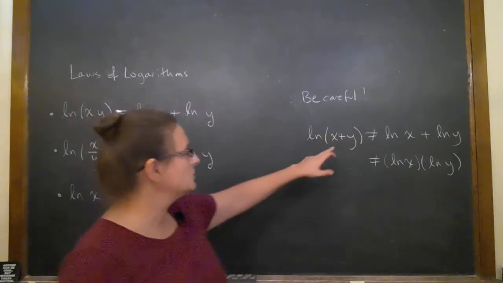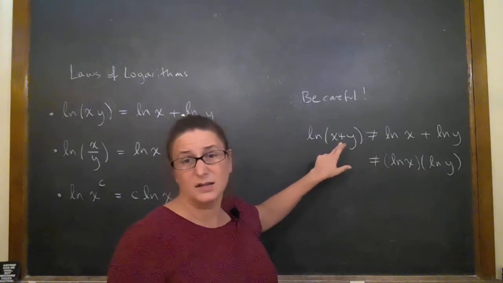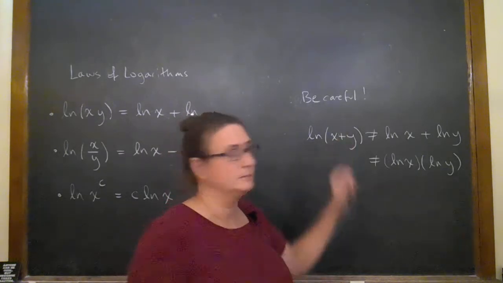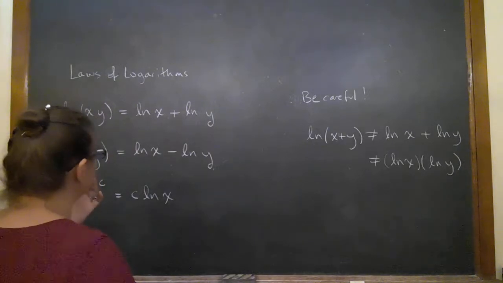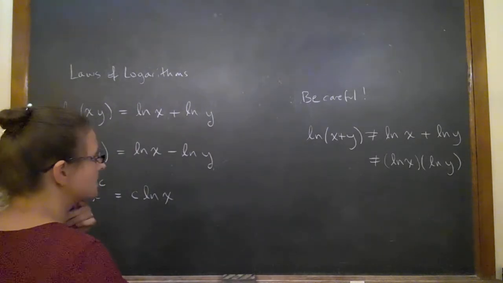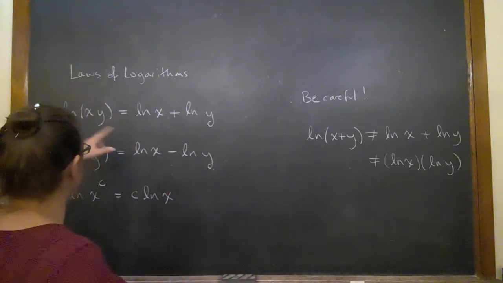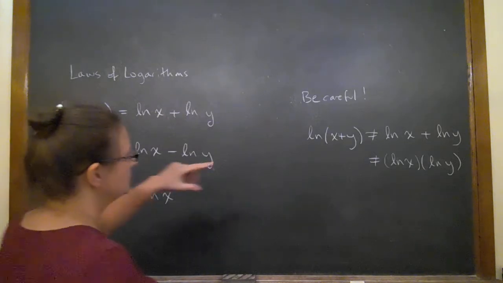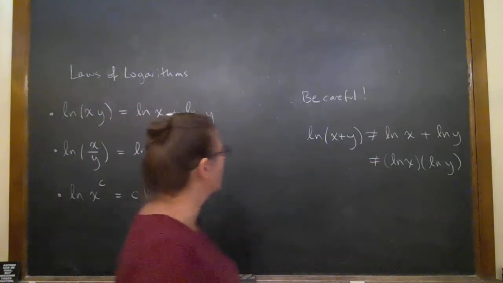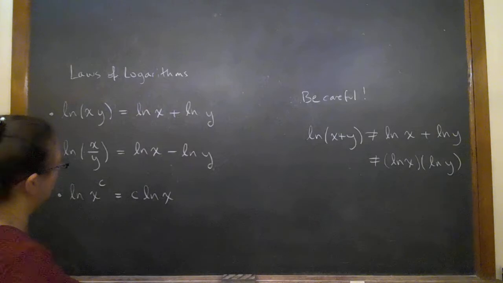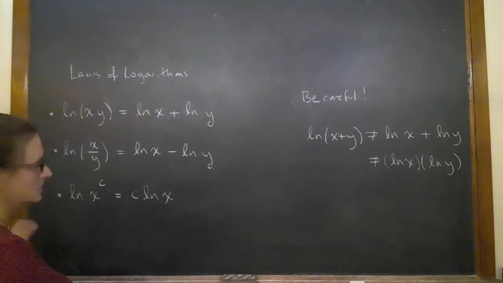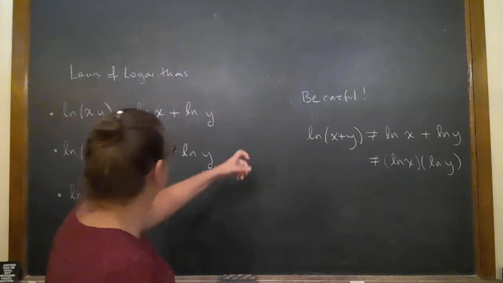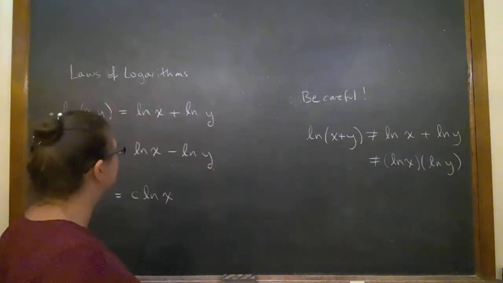If I have a plus or a minus here, that's as good as I can do with that. I have to leave it that way. I'm trying to think of the biggest mistake. Probably it's something like this, where people do this or that, or just get it backwards. So it is important to get this straight.